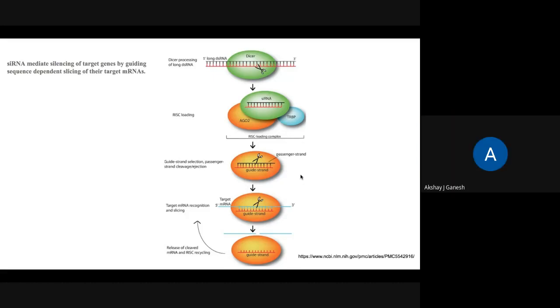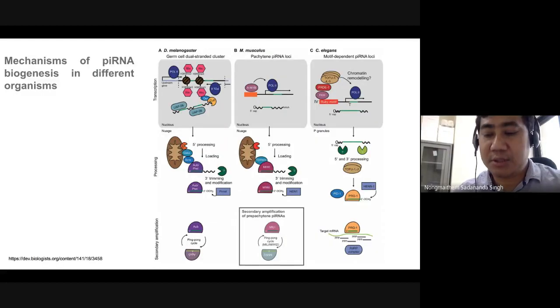Thanks. So how the double-stranded RNA is made in the case of siRNA is pretty much the same as for PIWI-interacting RNA, piRNA. As I was telling you, it involves convergent transcription, which means there is a locus where RNA transcription can happen from both directions.